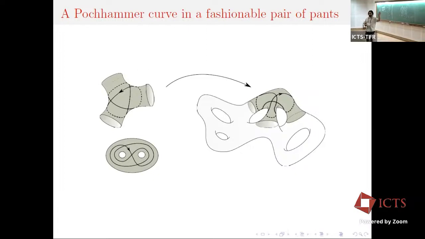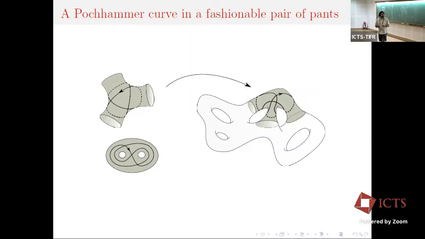So for the degree where you get something which is non-zero, which is degree 1, basically the states are trapped by this kind of curve, which is what I call a Pochhammer curve, which is the commutator of two circles. This is a commutator, which is a trivial element in pi1 of the pair of pants, but it will define some non-trivial element in this twisted homology of covers.